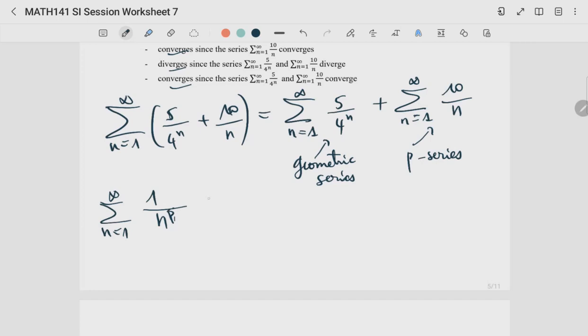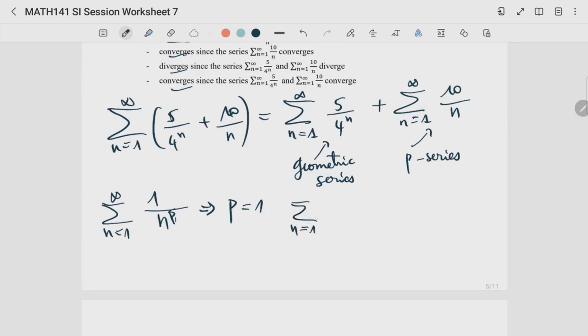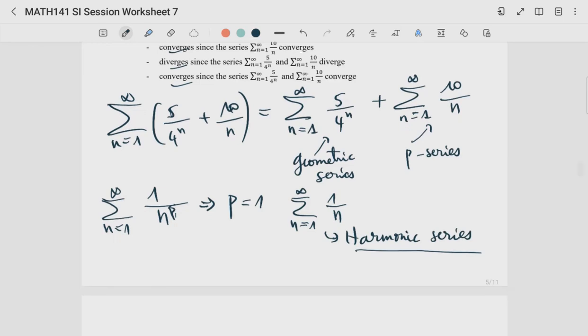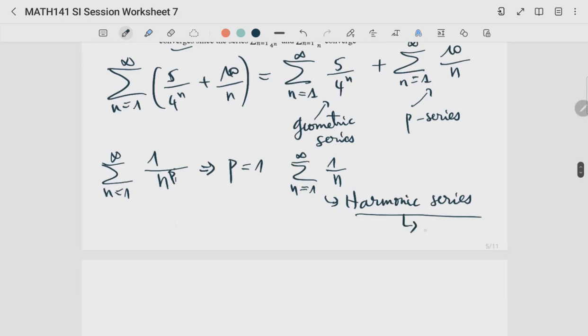One rule that we know is when p is equal to 1, then the series is the sum as n goes from 1 to infinity of 1 over n, which is a special case of the p series called the harmonic series. So harmonic series are just p series where p is equal to 1, and a characteristic of harmonic series is that they always diverge.